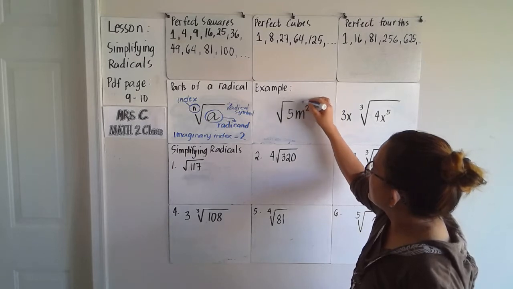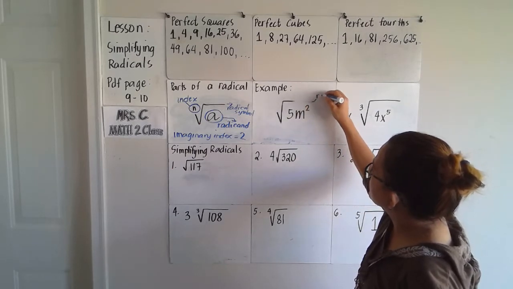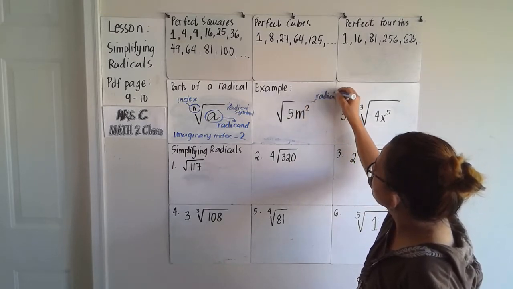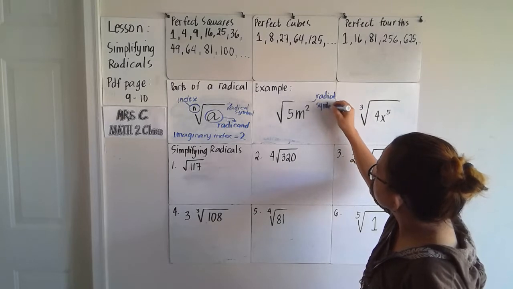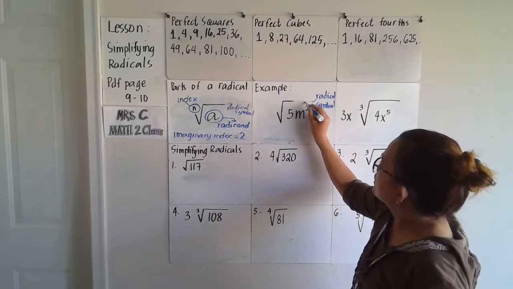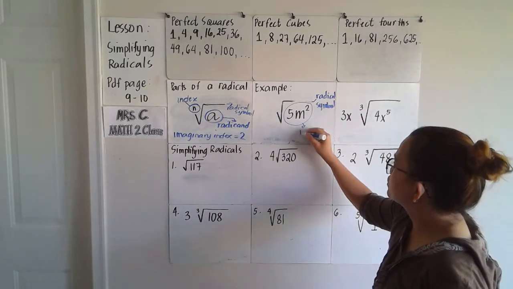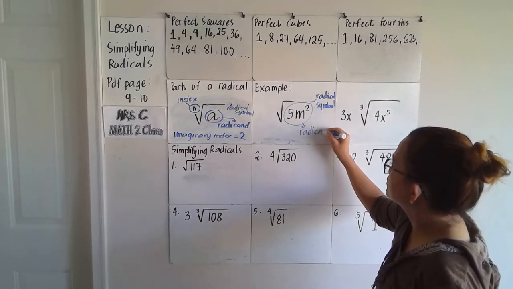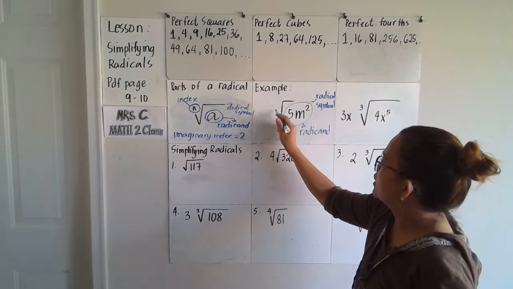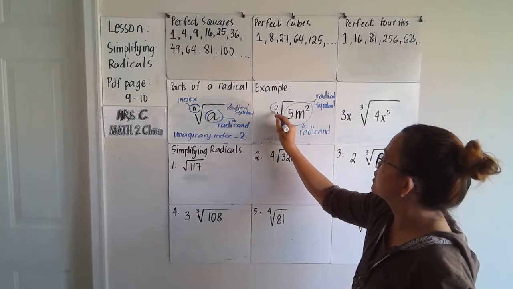So again, this will be your radical symbol, and this is your radicand, and your index is 2.